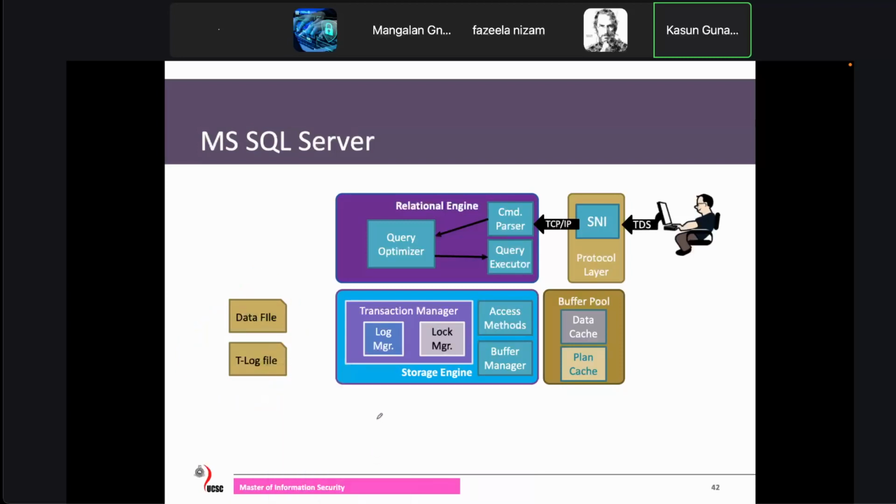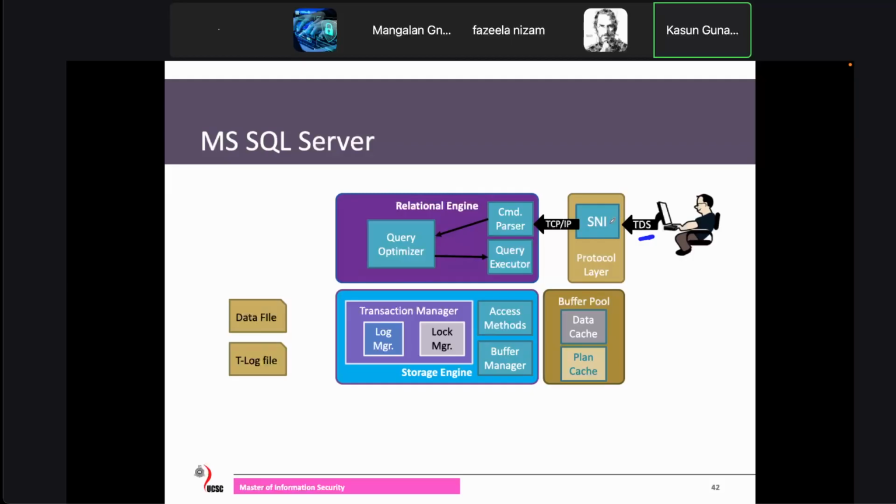However, the way things are organized in MS SQL Server is a little bit different from Oracle. They have first a protocol layer, and TDS is an application layer protocol to transfer data between the client and MS SQL Server. So they have an application specific protocol which interacts with the server and the client application. That is what TDS is.